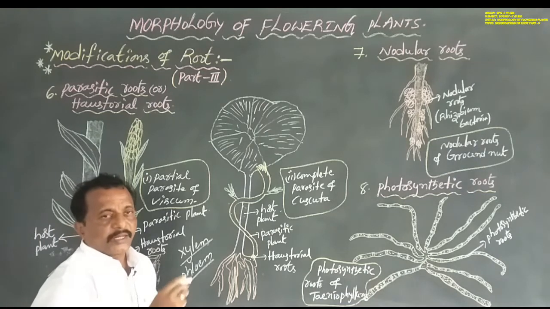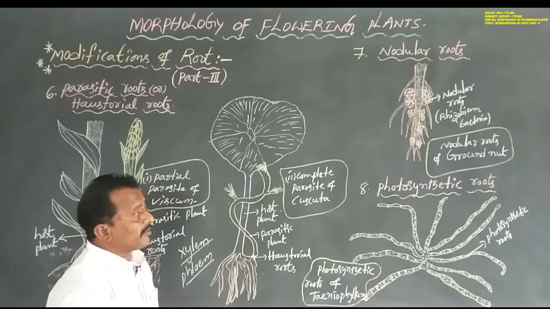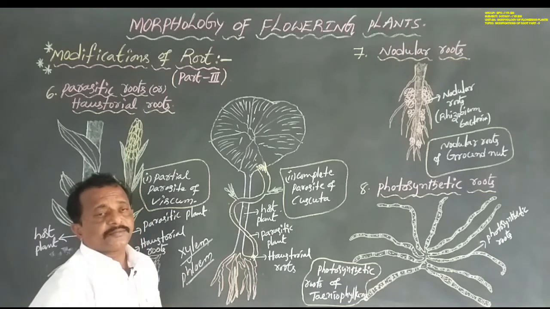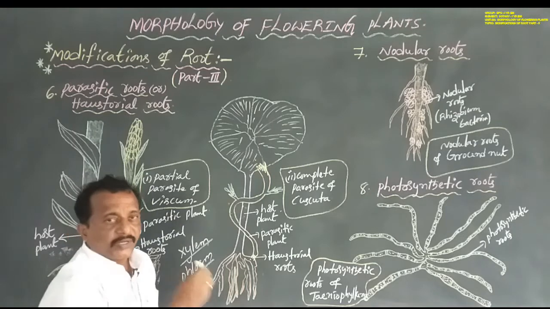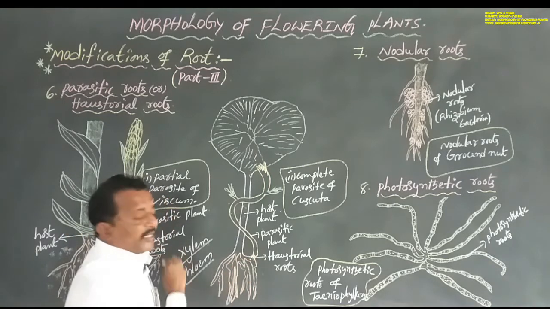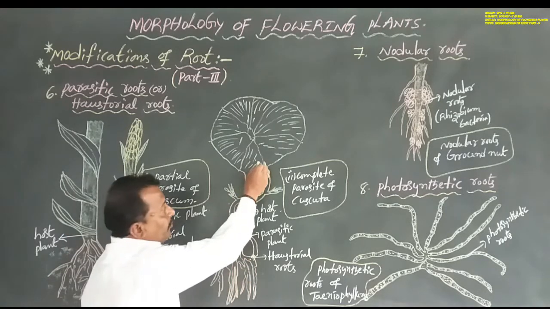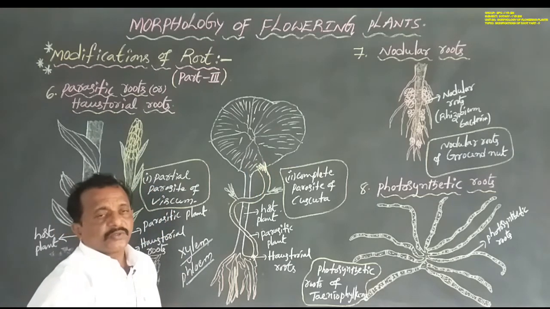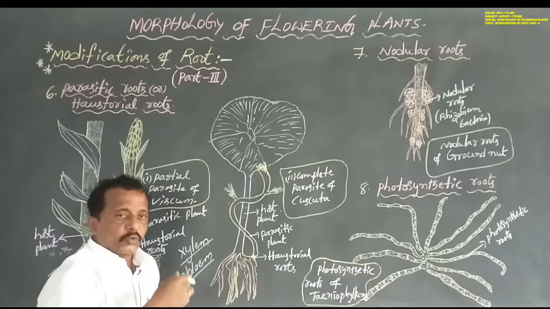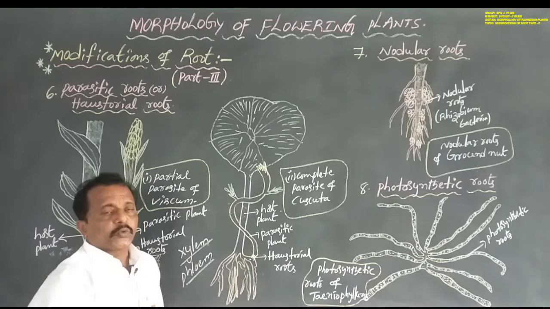Okay, now the complete parasitic roots of Cuscuta and Rafflesia. Both contain two types of haustorial roots. One haustorial root always connects to the xylem. Another haustorial root always connects to the phloem. Why? Because they have no roots and no leaves.